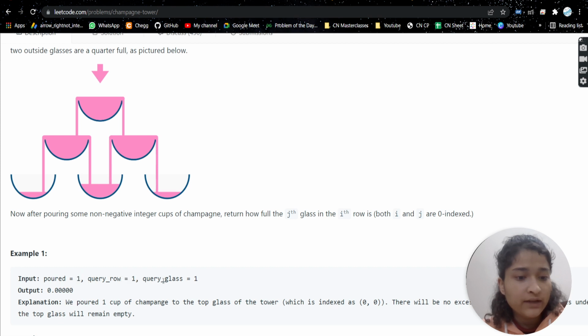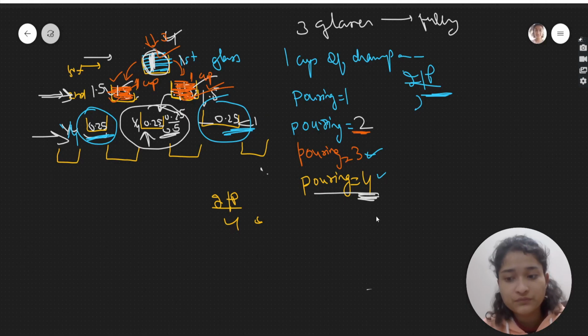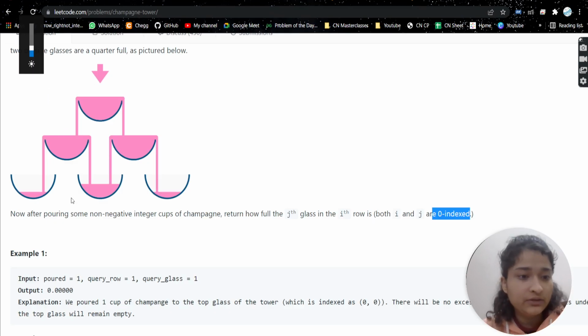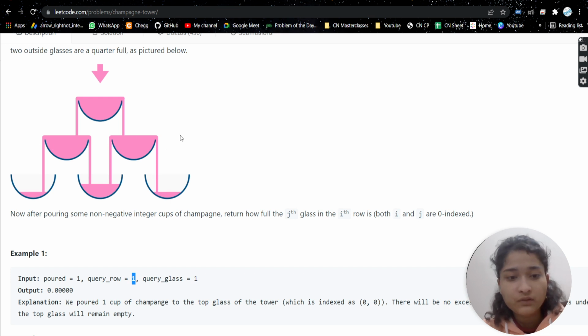So 4 cups are being poured. Query row 1, query glass 1, means in the first row and the first column, they are 0 indexed, right? So what will happen? Here we saw this thing, right? When there are 4 cups being poured, in the first row, 0 index 1, this will be the first row. And query glass means the first column.